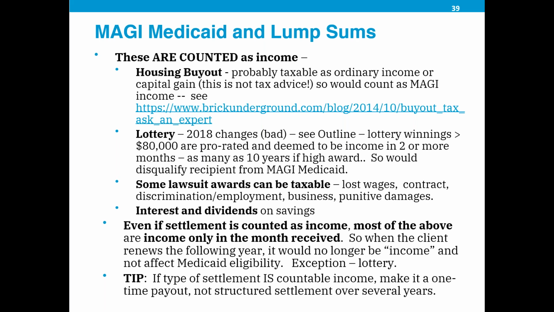But if the settlement is counted as income, and it was only received in a lump sum, then you still have that advantage of the 12-month continuous eligibility, so that the next year it wouldn't be part of your income at the time of renewal. If it was given in a structured settlement over time, though, then it probably would knock the person off.